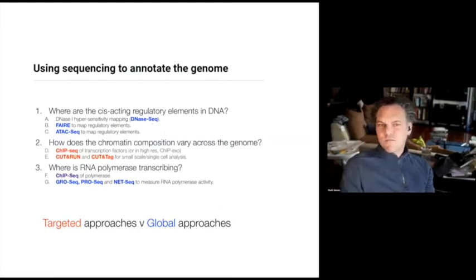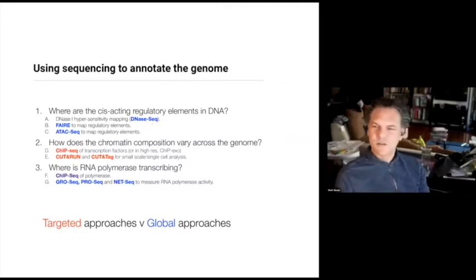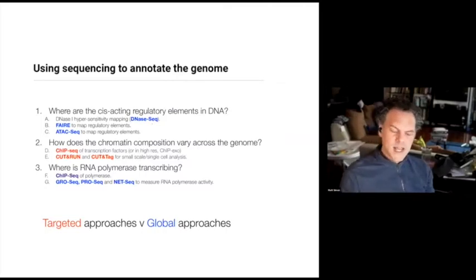But I want to break these up into a couple different, somewhat arbitrary categories. And these are mostly mine. This isn't something very important to distinguish, but I want to emphasize that sometimes we know what we're looking for. We have specific hypotheses about what factors are involved in something. And in that case, of course, we take targeted approaches to study those factors.